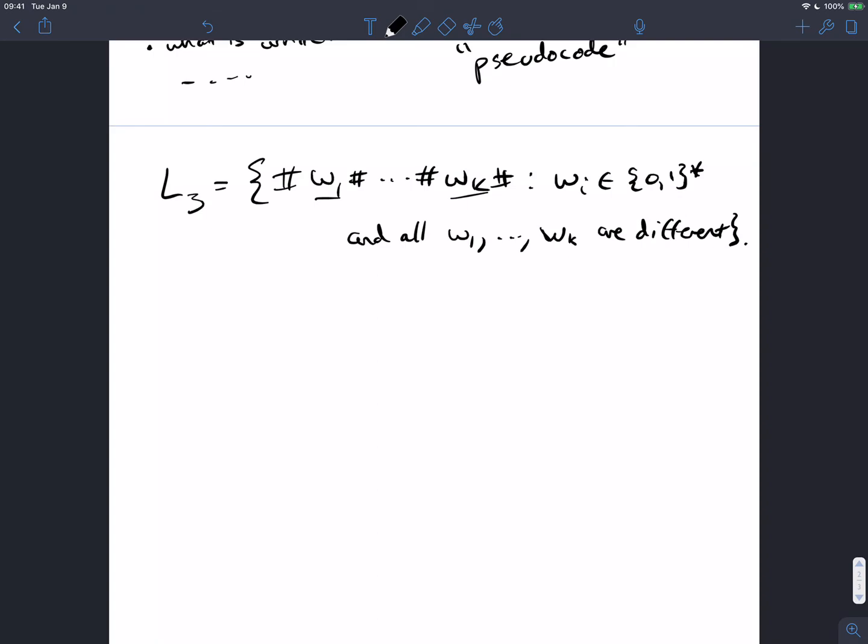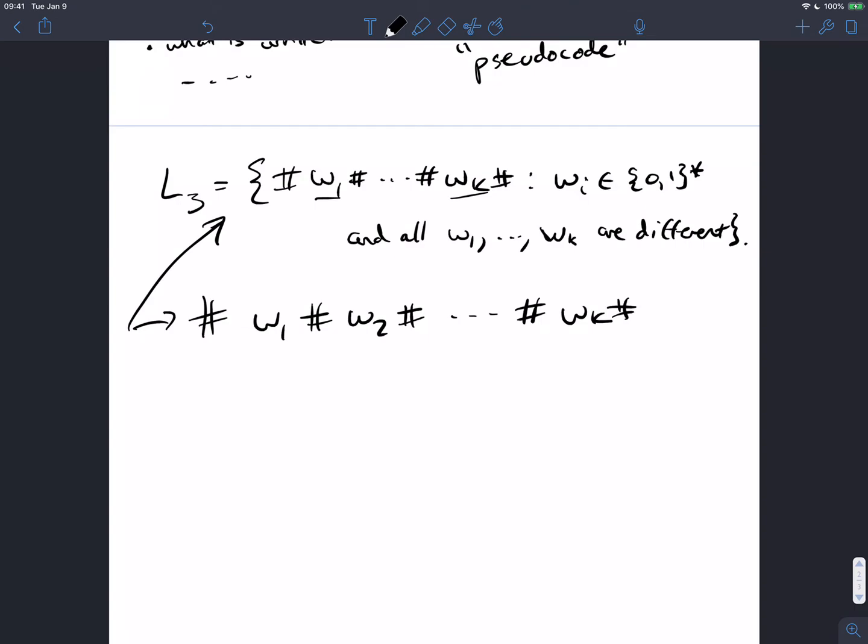So what's a high-level algorithm to, if I'm given this on the tape, if I'm given W1, W2, all the way up to WK, figure out whether this string belongs in L3 or not? I don't want to know what happens on the tape.